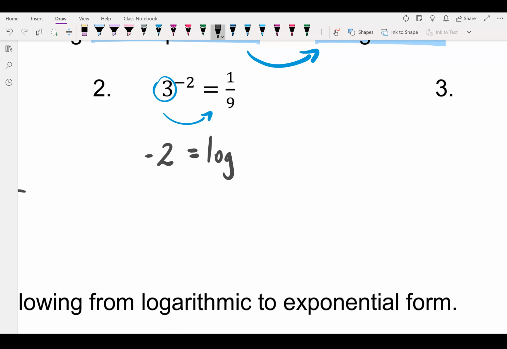We end up with log base 3 of 1 over 9. You can choose to put those brackets in or not. I choose to use them because it makes it clear, but many students just write this. It's up to you what you choose. And that's the final answer. It means 3 to the power of negative 2 would be 1 over 9.